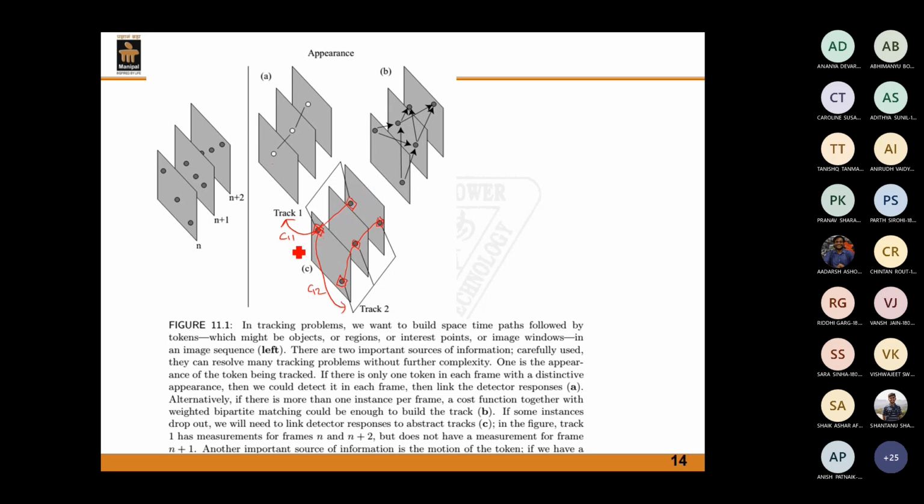So we formulate the calculation of the cost function in such a way that the cost would be maximum for an unlikely track. When you try to allocate a particular detector response to an unlikely track, or the track to which it may not belong, you see that the cost function also increases.